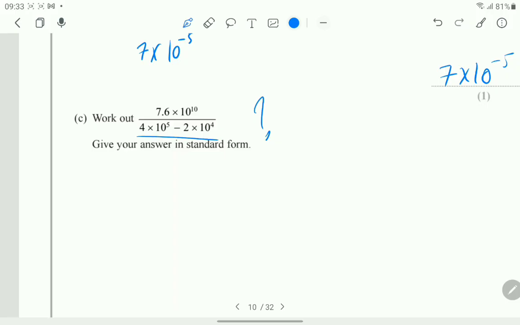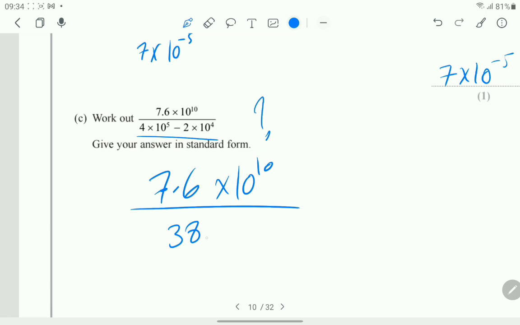So 4 into 10 raised to the power 5 minus 2 into 10 raised to the power 4 gives us 7.6 into 10 raised to the power 10 divided by 3.8 into 10 raised to the power 5.